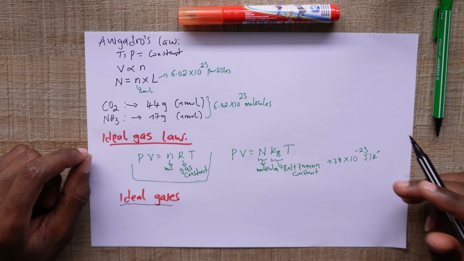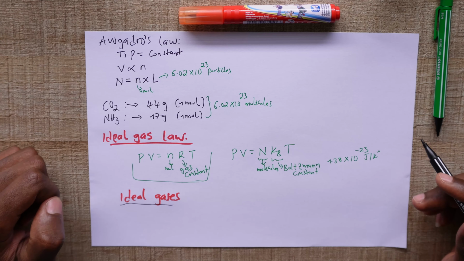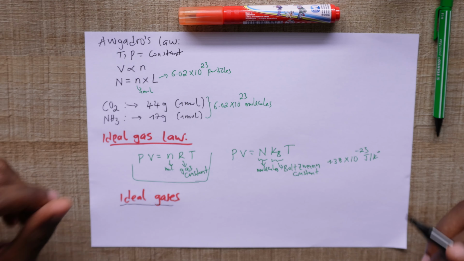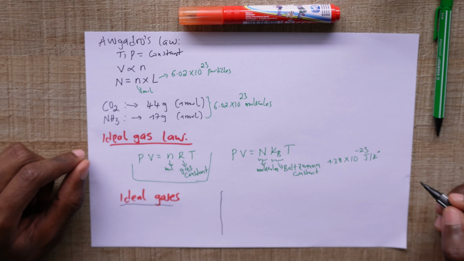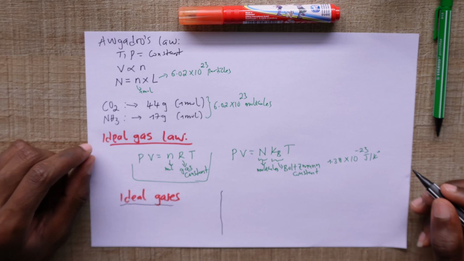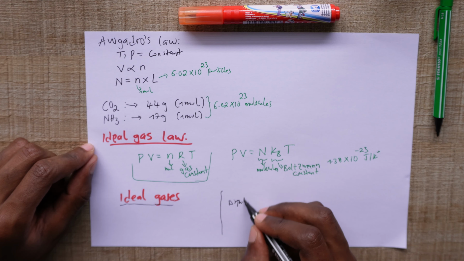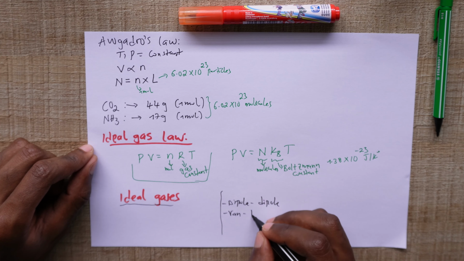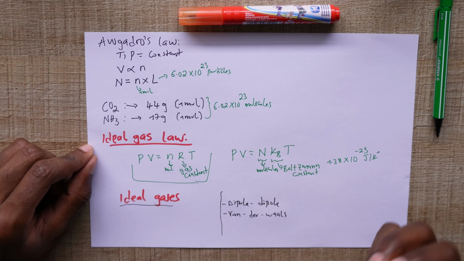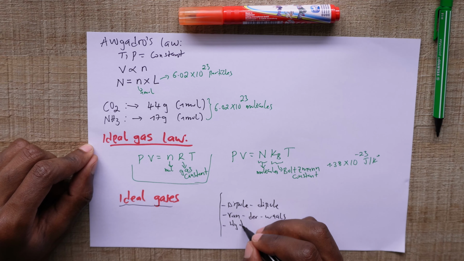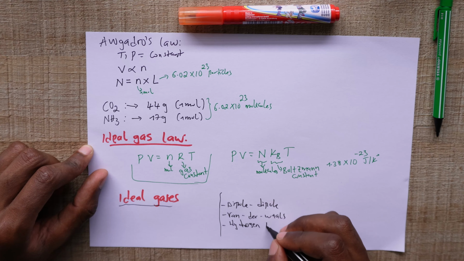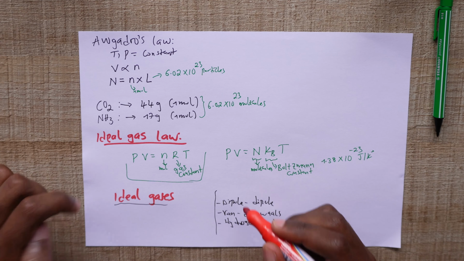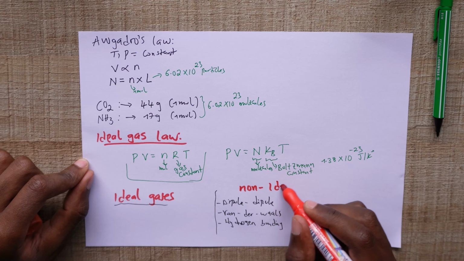But as you might imagine, the gases we deal with in nature are not ideal because of intermolecular forces of attraction that exist between the molecules, such as dipole-dipole interactions, van der Waals forces, and, for those who like chemistry, hydrogen bonding. These intermolecular forces of attraction lead to non-ideal behavior.